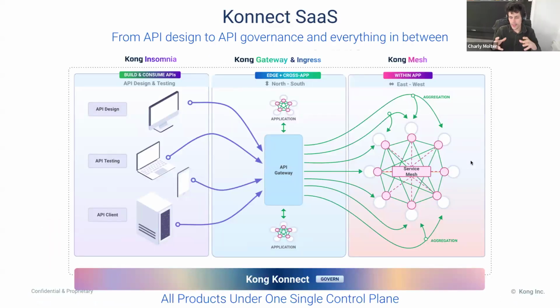What we also offer at Kong is what we call Konnect, which is our SaaS. Konnect is very unique because it can follow you over your whole API lifecycle, right? You can use Kong Insomnia to build and consume your APIs. So design your API, test it, etc. You can use Kong Gateway and the ingress controller that we have to actually receive traffic from the outside inside your application.